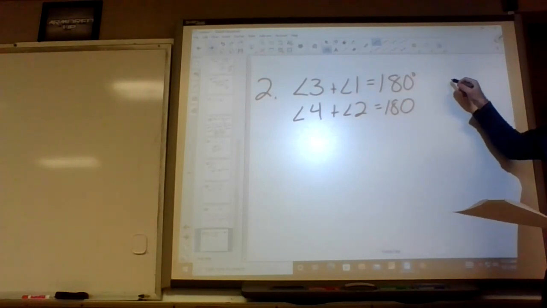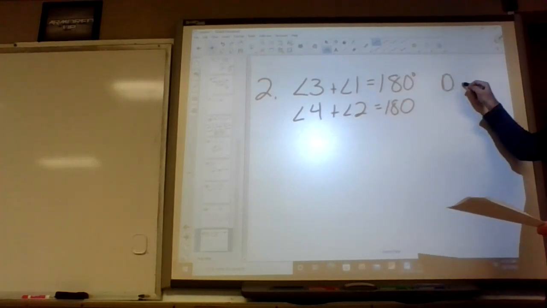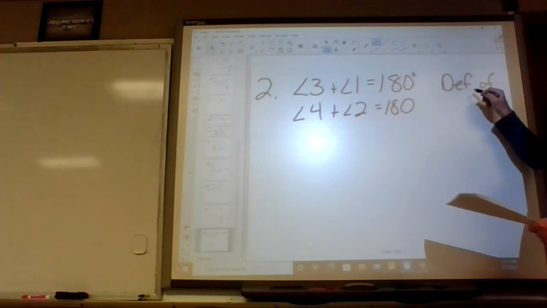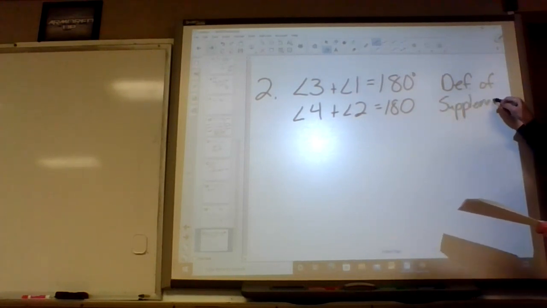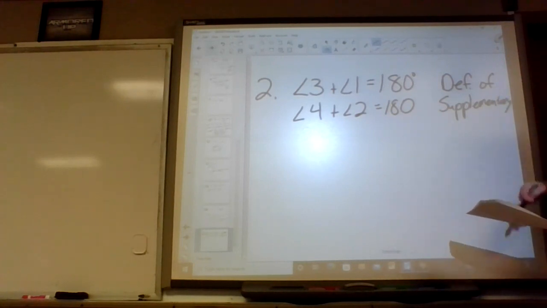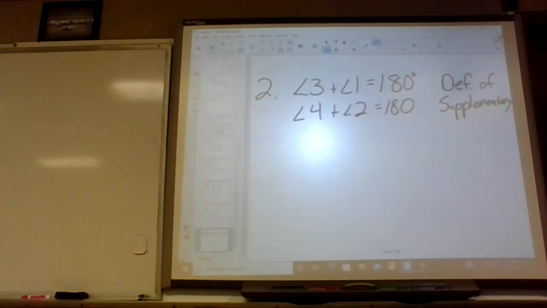And what am I going to write for the reason? That's what supplementary means. It means they add up to 180. Can't we say that since angle 1 and angle 2 are congruent, angle 3 and angle 4 are congruent?